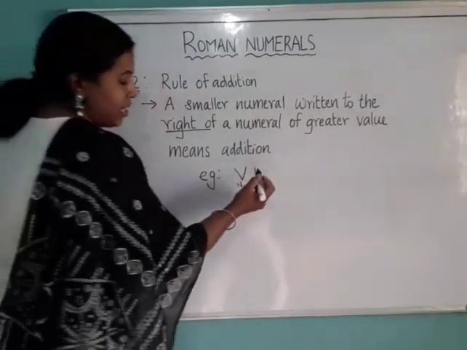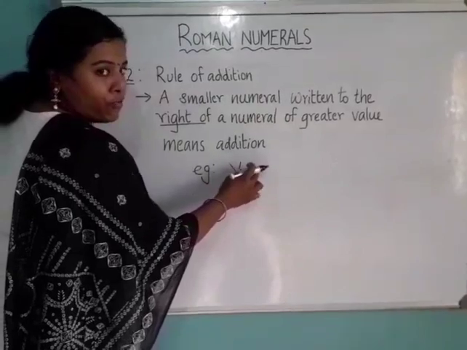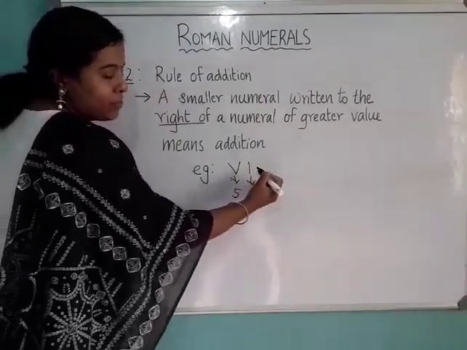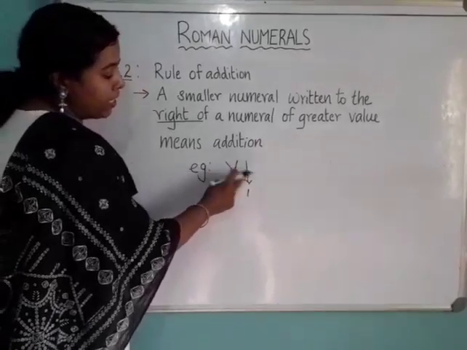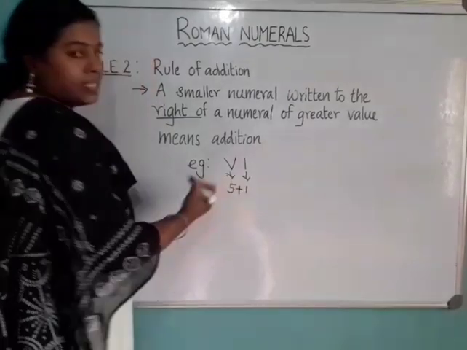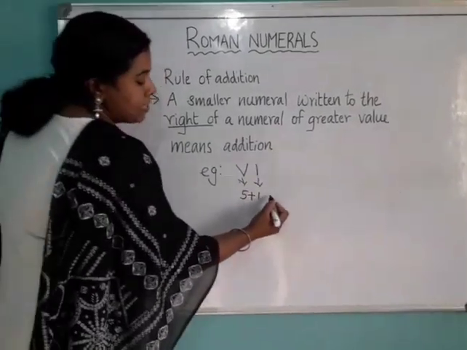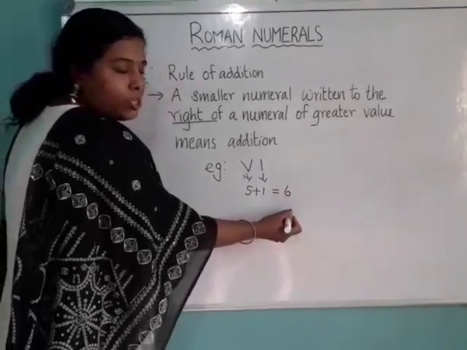Here I have written the symbol I on the right side of V. That is, this lesser value is on the right side of a greater value. That means we should add these numbers. So 5 plus 1, 6. So VI shows the value 6.